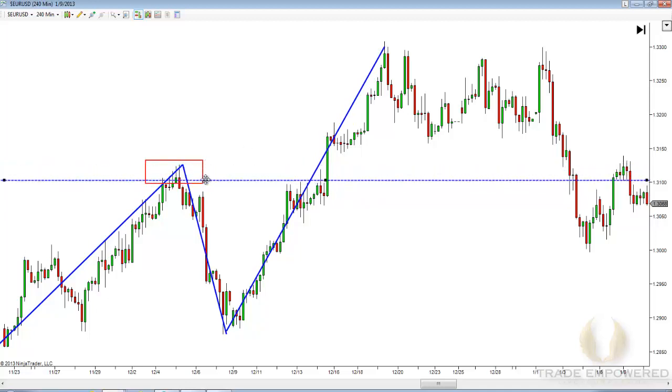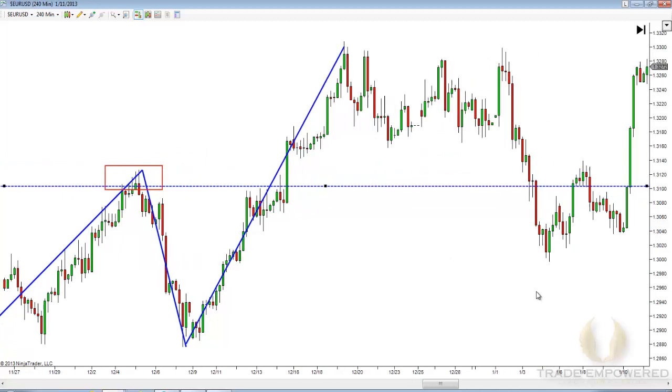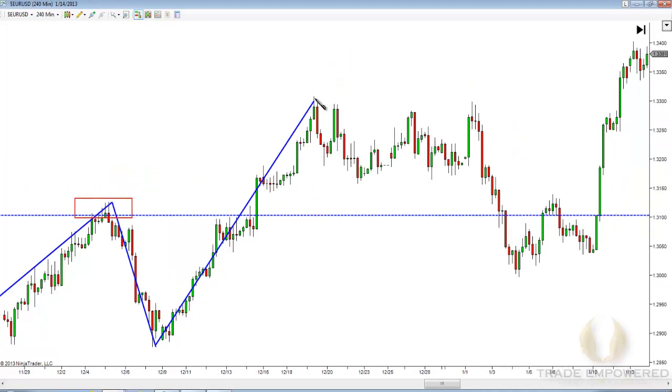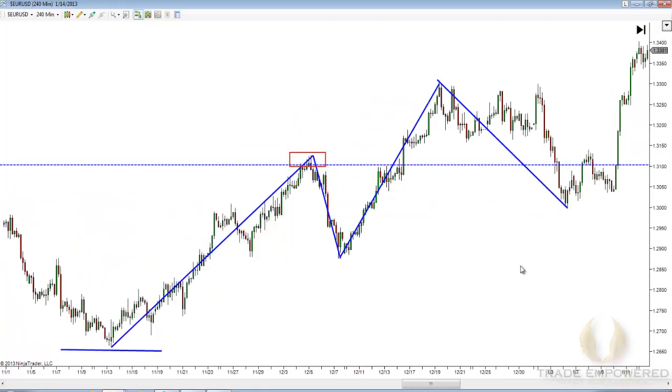Next, we want to label this area our previous structure high, and you can see as the market retraces for our outside return, we come into that same previous structure high area before extending up. Now, it's important to realize that the price action isn't always going to come right into that area.